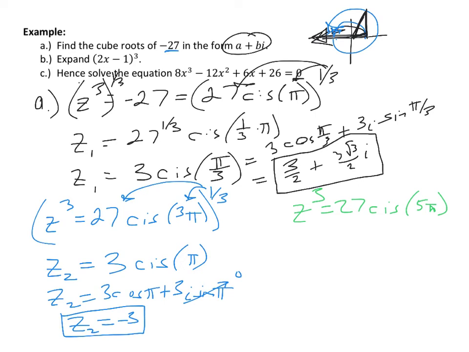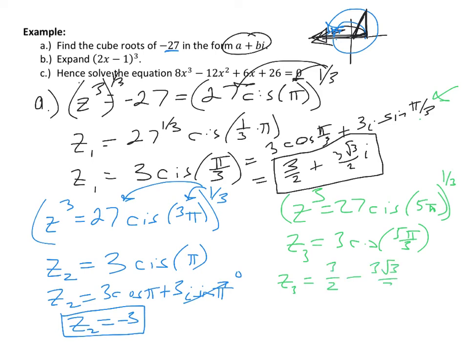And then for this last one, there's kind of two ways that we can go about this. One of them is by doing the work and raising this to the 1/3 power. That would get me z3 is 3 cis 5 pi over 3. And then using a similar process like we did up here to expand it, we can find that z3 is 3 halves minus 3 root 3 over 2i.